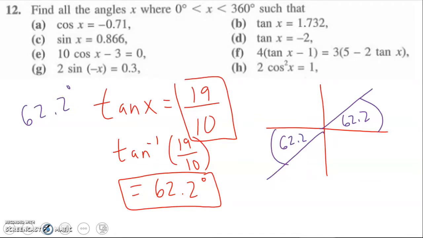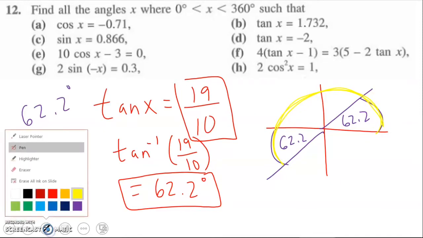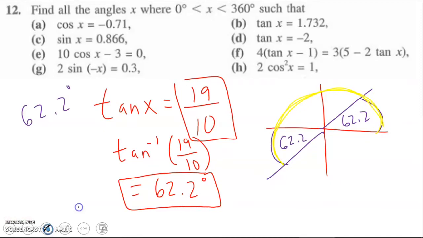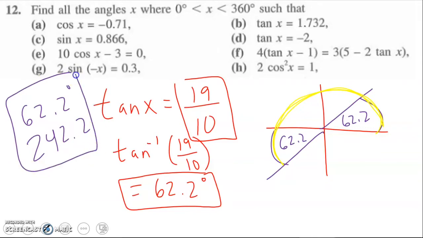Let's go ahead and find the other angle. What is this angle right here? That angle right there, again, you can add 180 plus 62.2. You end up getting 242.2. So those are your two answers.